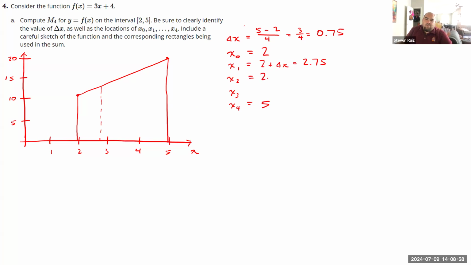And then the next one, what's 2 plus 2 delta x's? That'll be 3.5. And then 2 plus 3 delta x's will be 4.25.